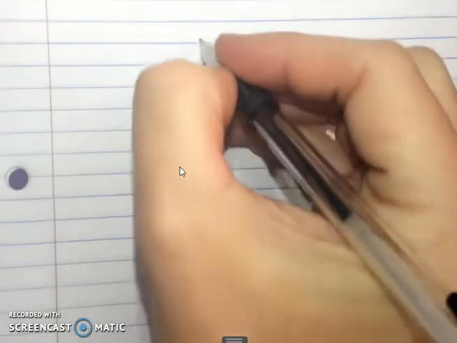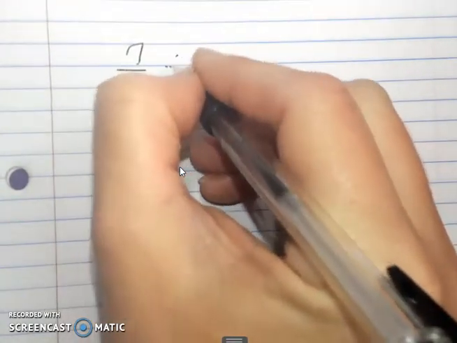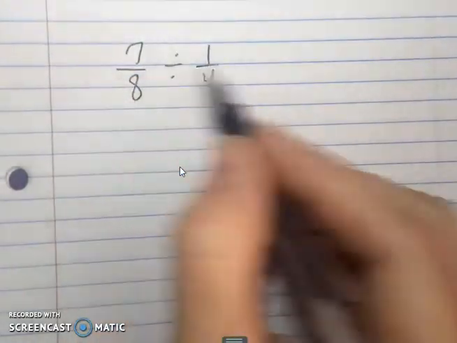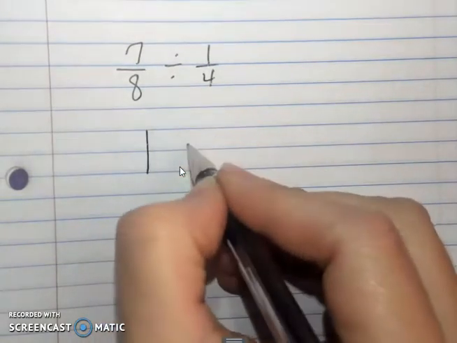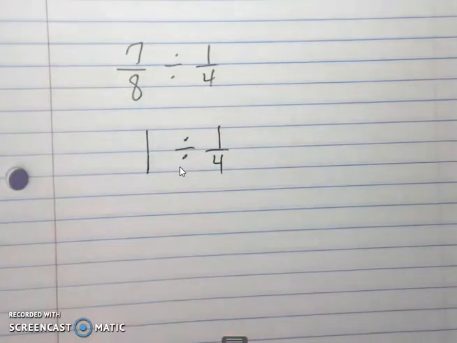Alright, my next example, I have 7/8 and I'm dividing by 1/4. So what I'm going to do with this one, this is almost a whole, so I'm going to go ahead and round it up to a whole, but I'm going to leave my 1/4. So if I have a whole candy bar and I want to split it into fourths, how many people could I share with?